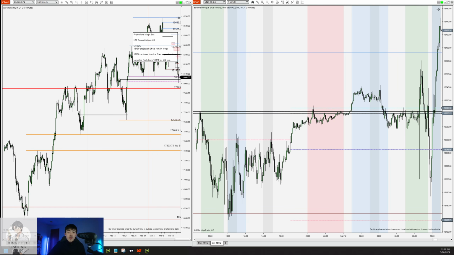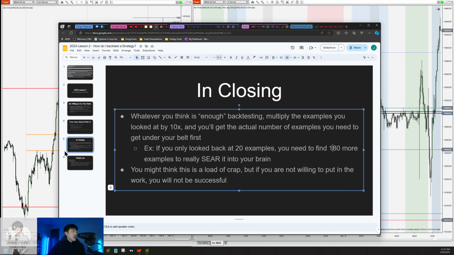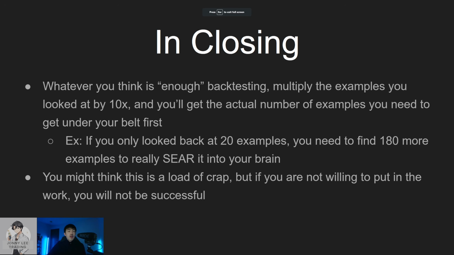So let's go back to some closing thoughts on this. Whatever you think is enough examples to backtest, you need to 10x that at least.